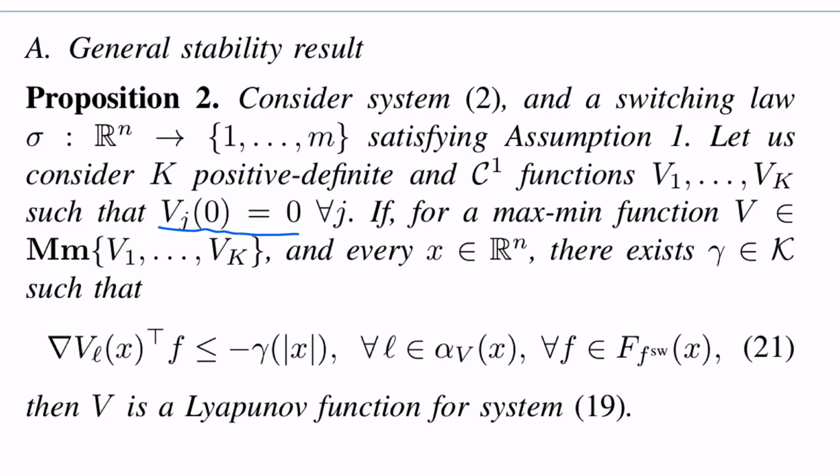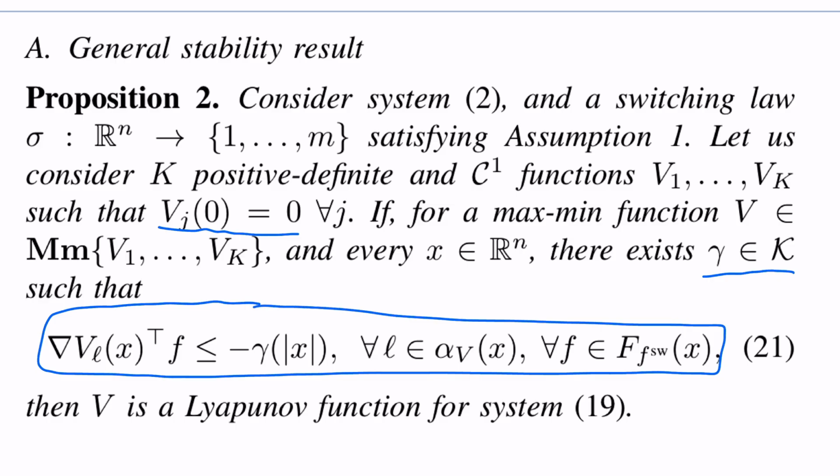If for a max-min function v, where basis functions are given by v1 to vk, and every x, there exists a class K gamma function, this is the condition that would allow us to prove the stability, and then v is a Lyapunov function for the system.